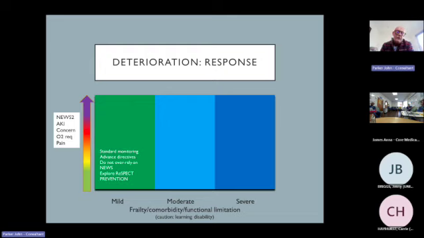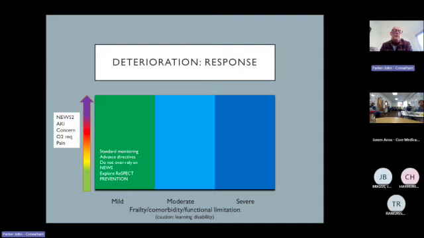First of all, the mild group. These are generally pretty fit, healthy people who are maybe starting to deteriorate. When they're not deteriorating, we expect regular monitoring to take place. As I said earlier, do not overly rely on NEWS2, particularly in young, fit people who may be bleeding out and no one's noticed.